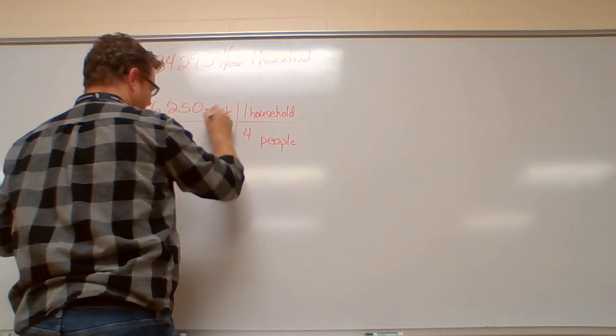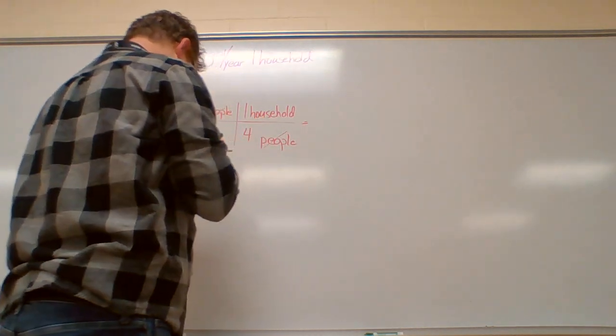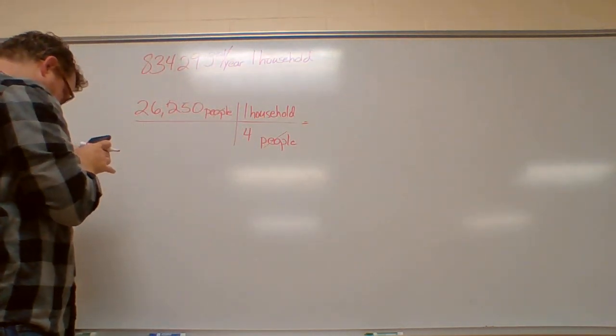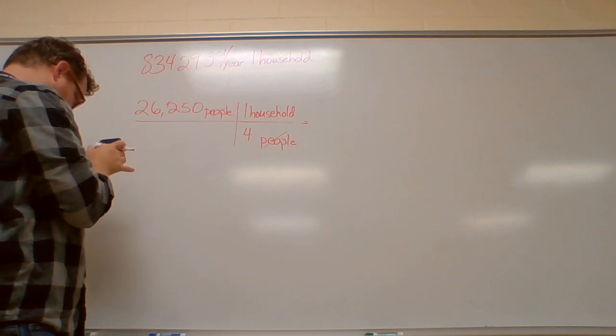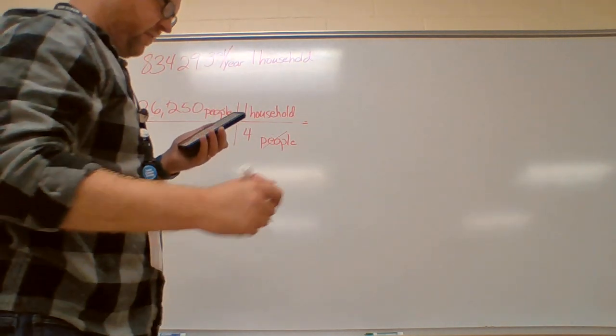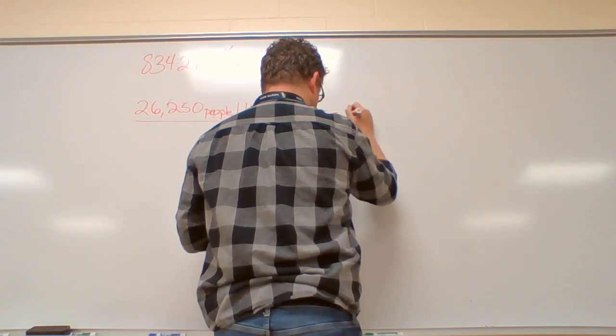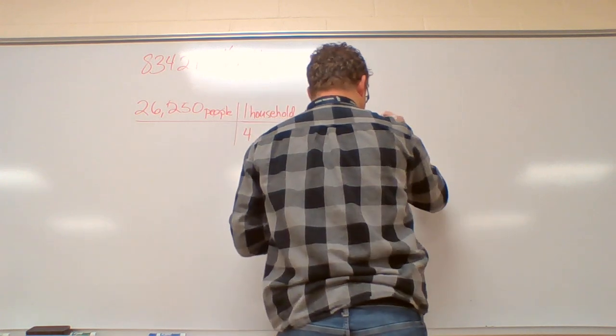So that allows us to cross off people, we end up with households. So 26,250 divided by 4 is 6,562 and a half, so I'll round it down to 6,562 households.